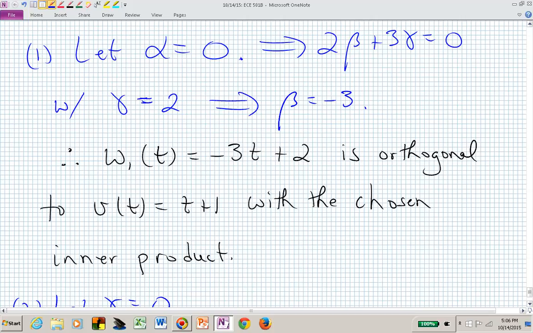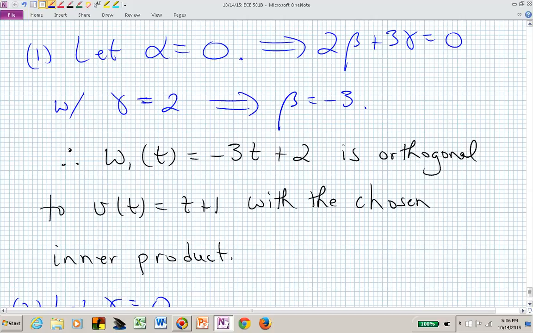So what I was suggesting is this orthogonality is dependent on our definition of inner product. This orthogonality may not be what you would have expected if somebody said, give me a polynomial that's orthogonal to t plus 1. In general, these are quadratics.